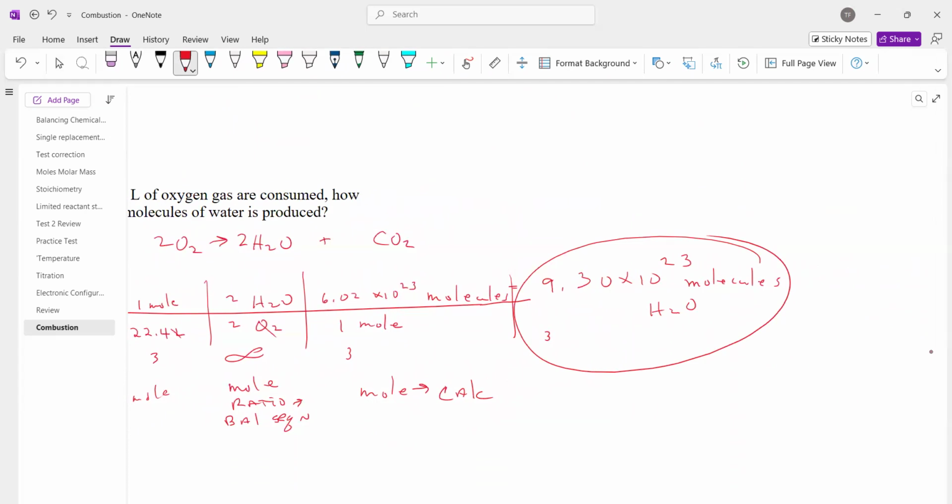Okay, so that's basic stoichiometry. Now, stoichiometry can be tricky when you have 2 givens. With 1 given, this is it. With 2 givens, we have a page of calculations.